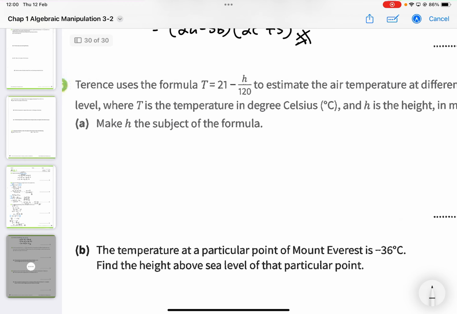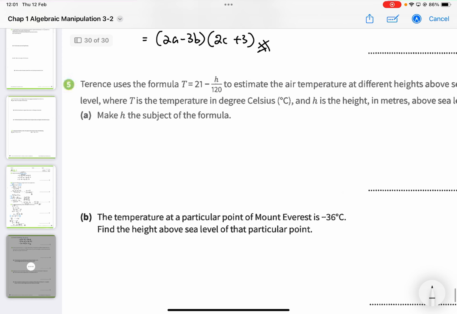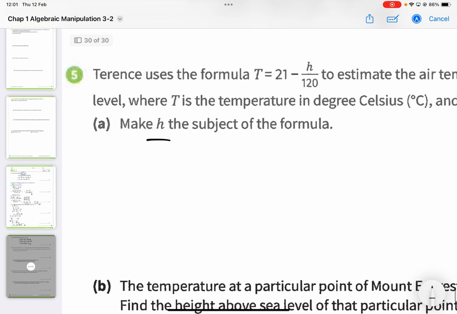Okay, question 5. We finish question 5 and stop. There is this formula: T equals 21 minus h over 120. Then they want you to make h the subject. So I start with T. I want to make h the subject.